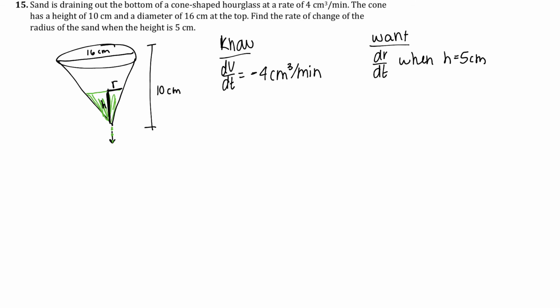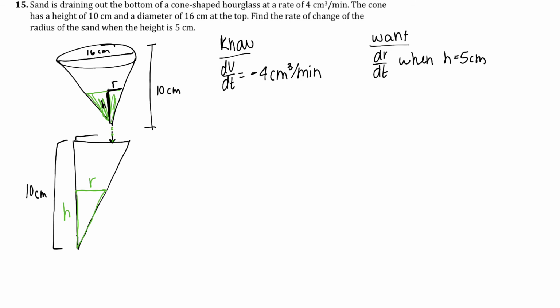So if I take a cross section of this cone, where this is the radius, this is the height, we know this right here is 10 centimeters because that's the height of the cone, and we know the diameter is 16 centimeters, but the radius would be half of that.